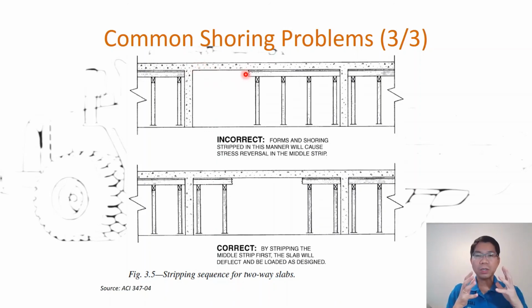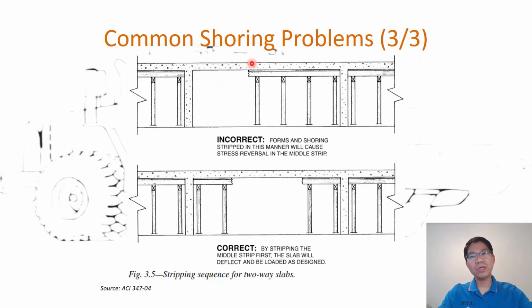So the issue is how to remove the formwork so that the way the slab or the beam works is similar to after the building is put in use. That is what the designer designed for. So you start to strip or remove the formwork and the shoring in the middle, so that, as you can see, the deflection goes down here, and that is the same as what the designer intended. But in the other way it will be there.